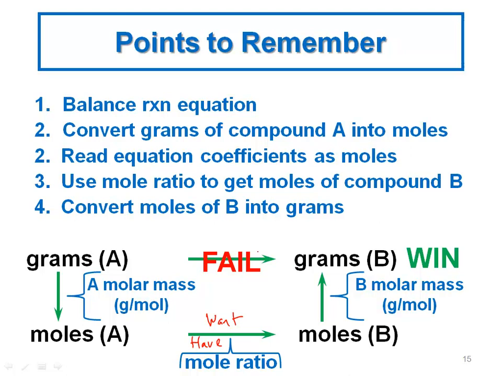If you're going from A to B, it's the ratio of B to A. So if the coefficient in front of A was 2 and in front of B was 5, this ratio would be 5 over 2. So that's just an example. Again, keeping track of the units is the best way, but as you do it more and more, you'll see a pattern emerge in stoichiometry.